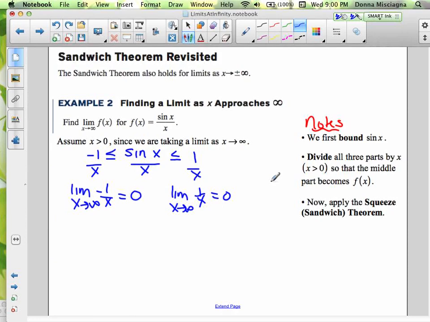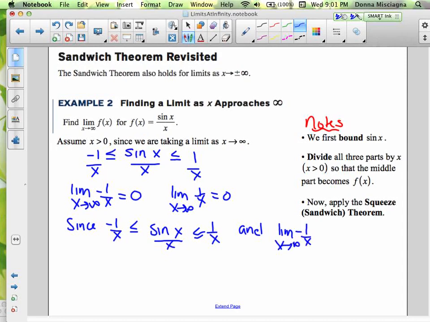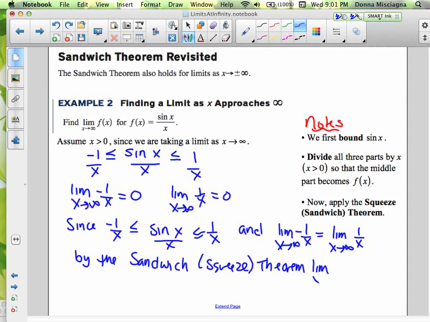So now we always need to justify with the sandwich theorem. Since negative 1 over x is less than or equal to sine x divided by x, which is less than or equal to 1 over x, and the limit of negative 1 over x as x approaches infinity is equal to the limit of 1 over x as x approaches infinity, by the sandwich or squeeze theorem, the limit as x approaches infinity of sine x over x is equal to 0 too.